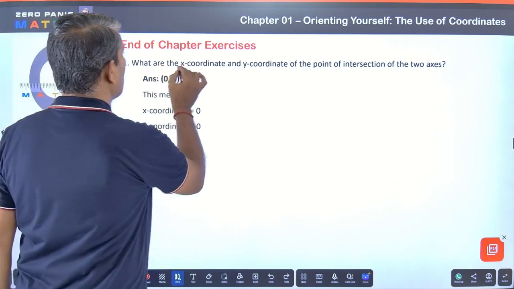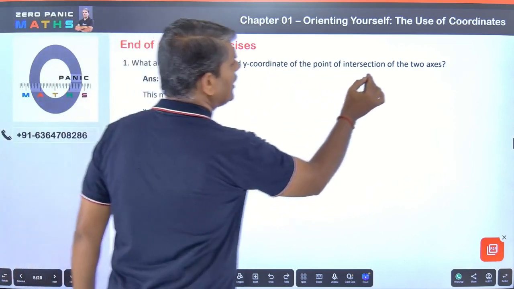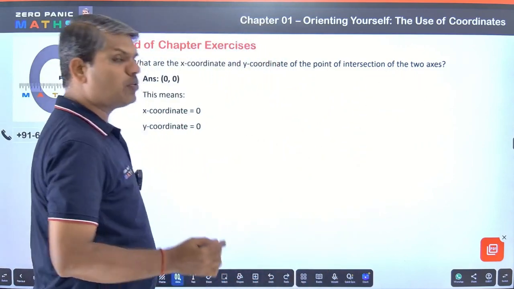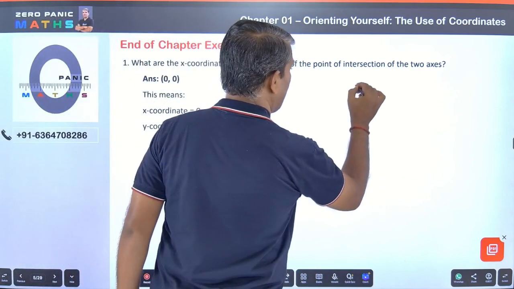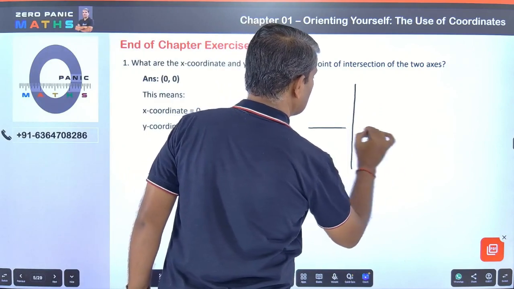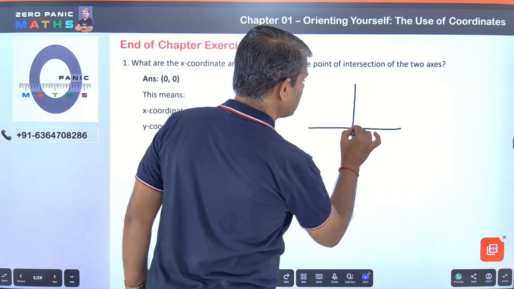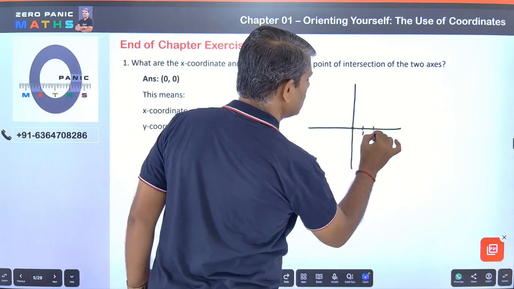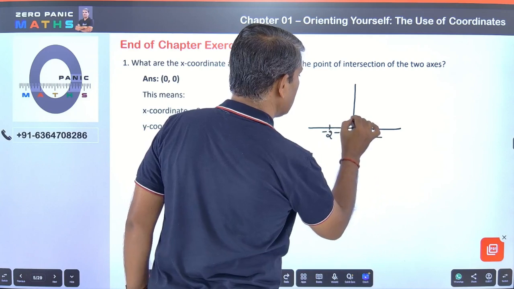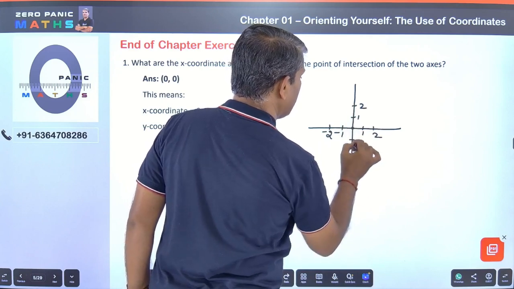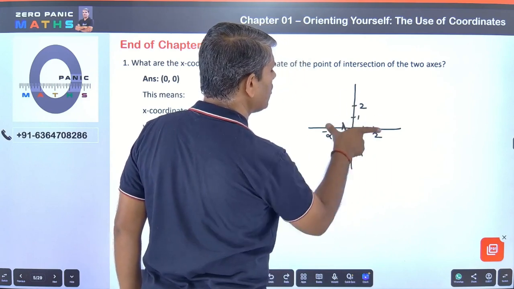They are asking what are the x coordinate and y coordinate of the point of intersection of the two axes. We studied this in the very beginning of the chapter. Considering these two axes as two number lines, there will be 1 2 3 and minus 1 minus 2 like this, one vertical and one horizontal.